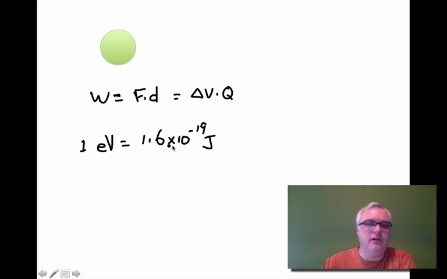So 1 electron volt is a very tiny amount of energy, and it's often easier for us to talk about electron volts instead of joules. So the electron volt is a unit of energy which is equal to 1.6 times 10 to the negative 19 joules, and it's the energy gained by that electron as it passes through a potential difference of 1 volt.